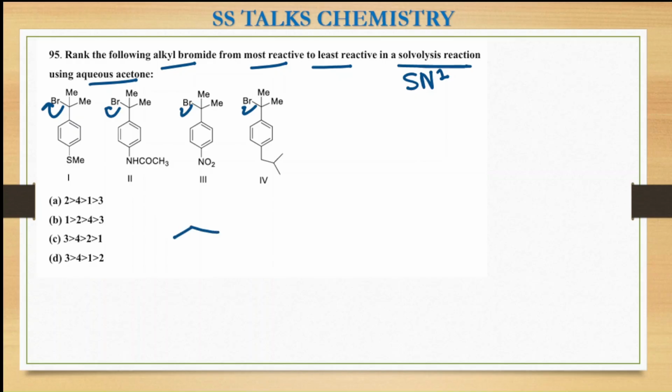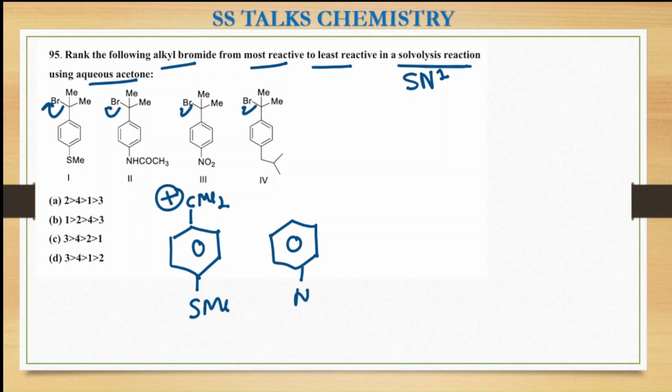In the first case, you have an SMe group and CMe2, and this positive charge will be formed. In the second case, there is an NH with a C double bond O and a CH3 group, and again a carbocation is formed.